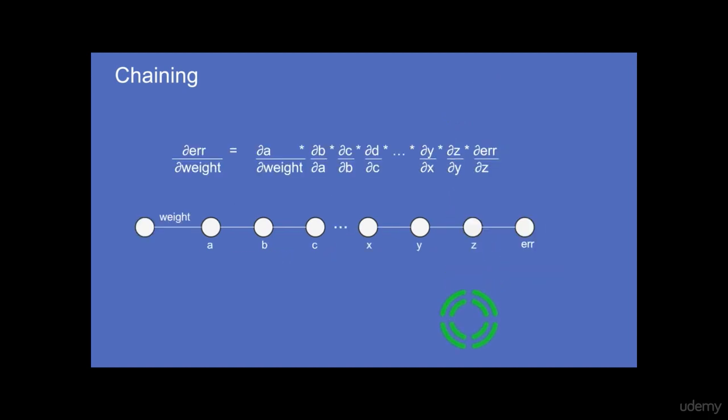And with that, we will take and multiply every derivative for every little change. And we will multiply them to get the overall slope in the chain. And this is called chaining.